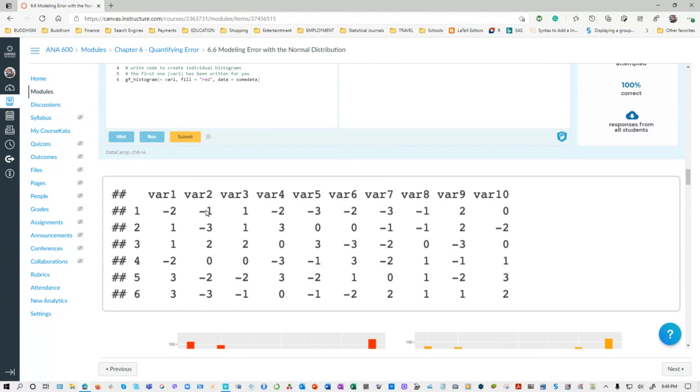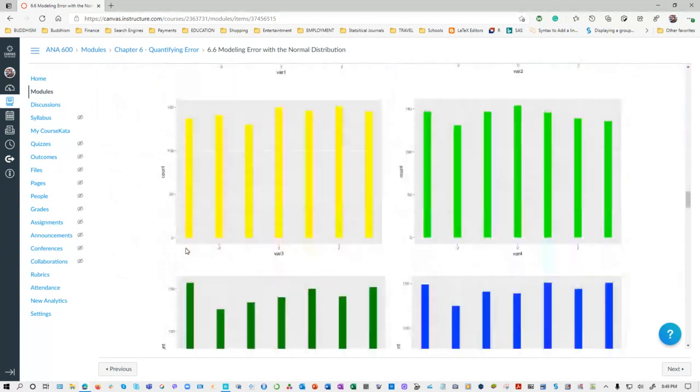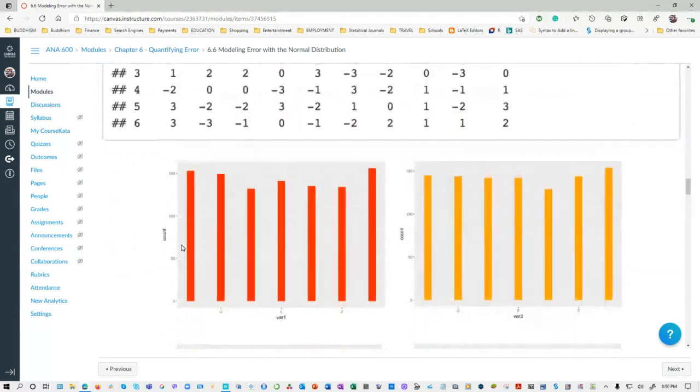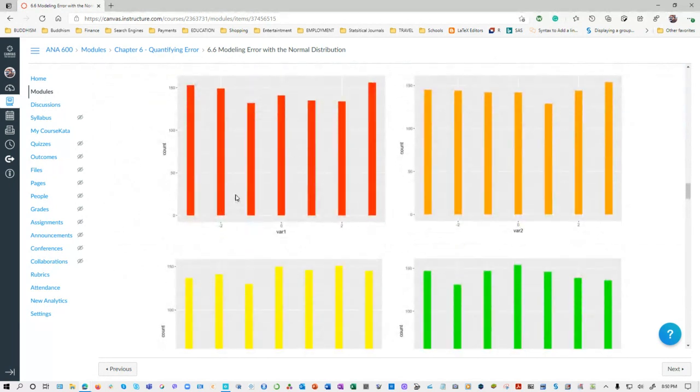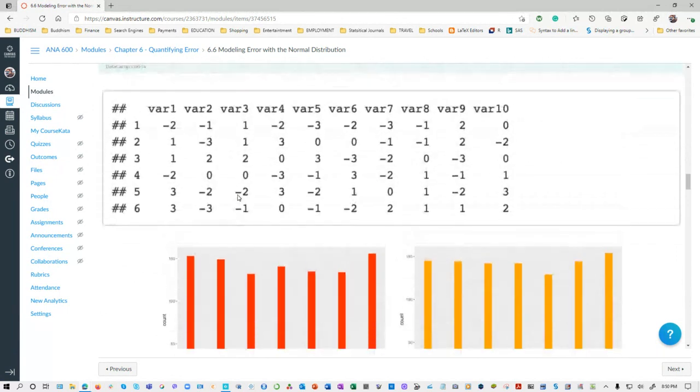For the first entry in the second variable, there is a sum. If you individually draw the histogram for this one, it looks like this. It doesn't look like a bell shape. It doesn't look like a normal.